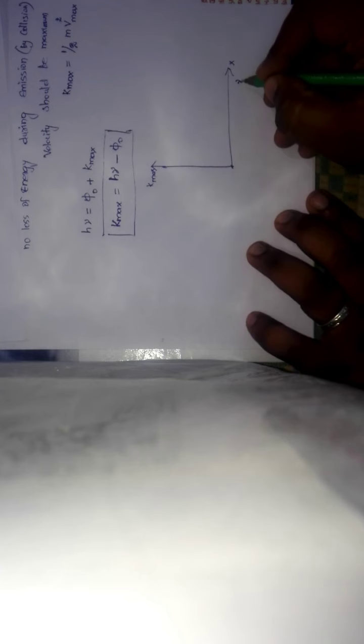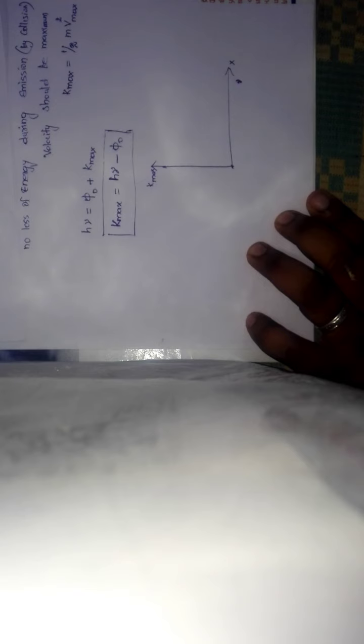Frequency is plotted on the x-axis and maximum kinetic energy, K max, on the y-axis. Initially, when the frequency increases, the kinetic energy also increases. The graph is a straight line, rising slightly.